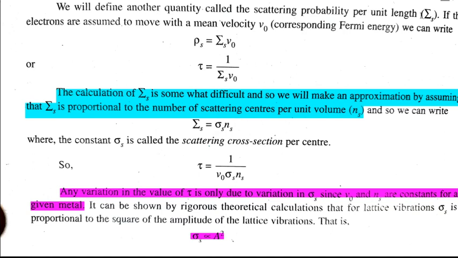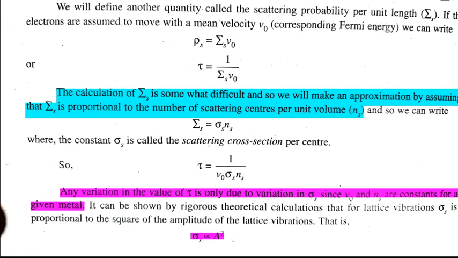Within these two consecutive collisions, when the electron is freely moving from point A to point B, whether it gets scattered or not. During this motion between two consecutive collisions, it has a certain velocity. This velocity will be very high, maybe a maximum equivalent to the Fermi velocity, or over here they have taken the average velocity for all conducting electrons, so I am writing v0, and as it is written, it corresponds to the Fermi energy.